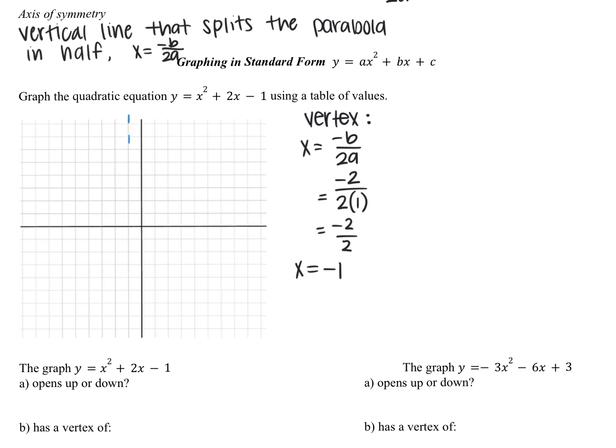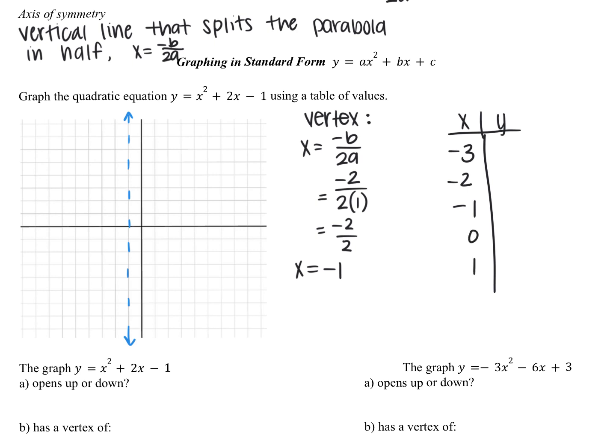So at negative 1, I'm going to draw my axis of symmetry, which is a line. Now, when I go to create my table, my x and y values, I want my vertex to be my middle point, and I'm going to pick 2 points below that, negative 2 and negative 3, and 2 points above that, 0 and 1.